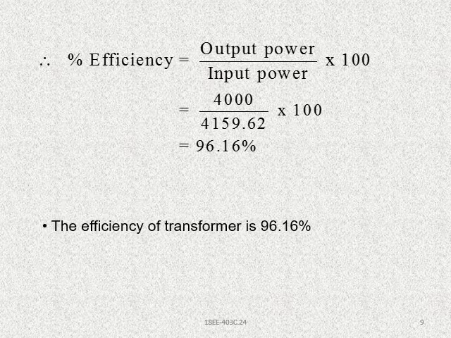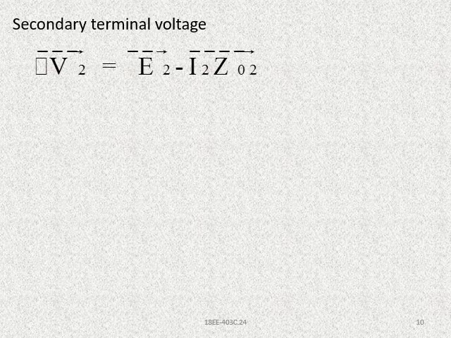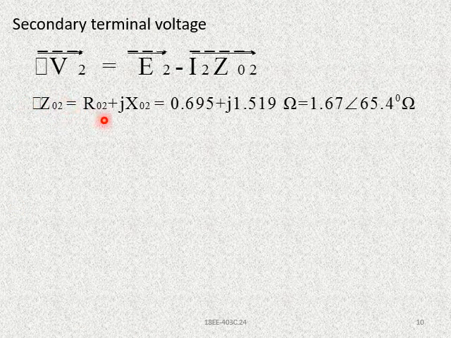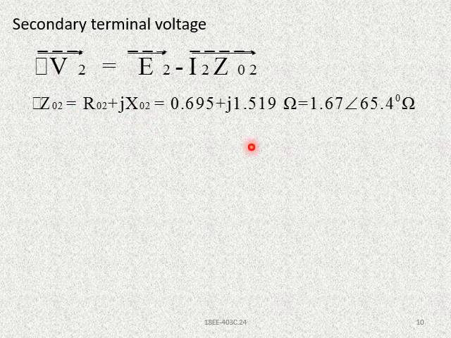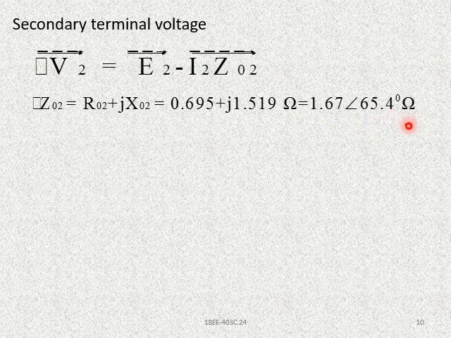Okay. And the secondary terminal voltage, that is V2, is equal to E2 minus I2 Z02. Z02 is R02 plus J X02, that is 0.695 plus J 1.519 ohm, which is converted into polar form as 1.67 at an angle of 65.4 degrees ohm.